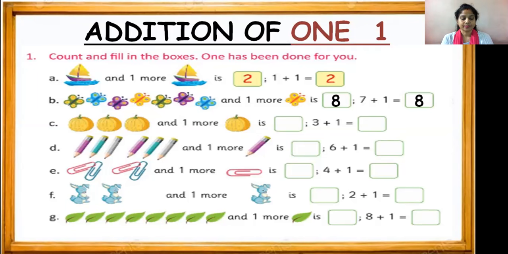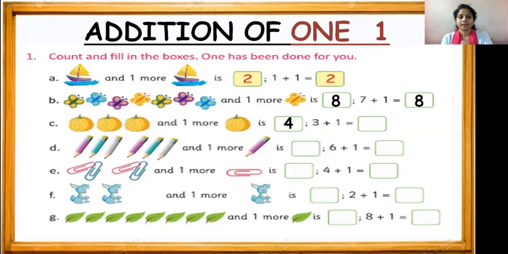Let's count. 1, 2, and 3. 3 pumpkins are there. Now the question is 3 pumpkins and 1 more pumpkin. 1 more means the next number. What is the next number of this 3? 4.